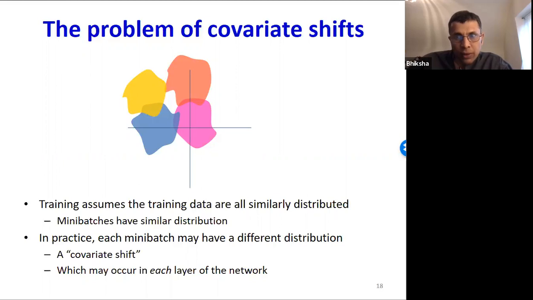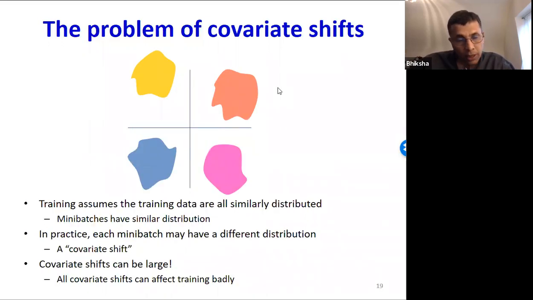And this shift could occur not just for the inputs. This translates into the network. This is going to hold true for the output of every neuron in the network. And in fact, these shifts across mini batches can be very large. So mini batch training, which assumes that all mini batches are similarly distributed, can get badly affected by this variation across mini batches.